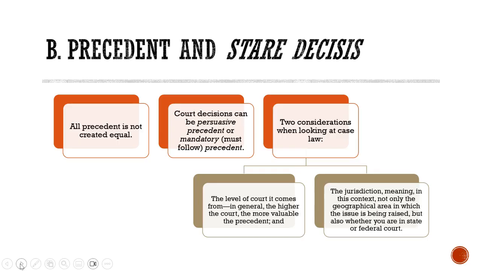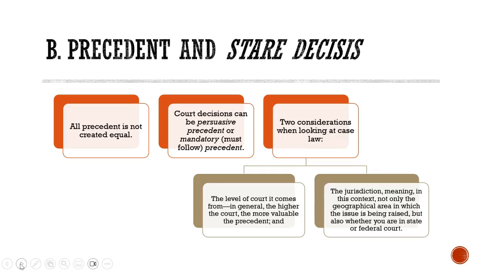In this context, we mean not only the geographical area in which it's being raised, but also, are you reading a case from the state court or the federal court? Because that's going to matter whether it can be applied. We won't go any further with that, but those are the two considerations when you're looking at case law to decide whether it's stare decisis.